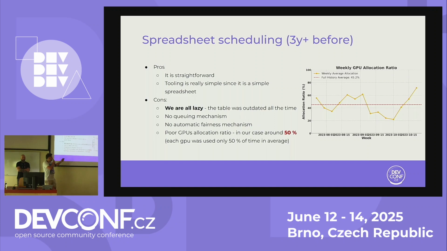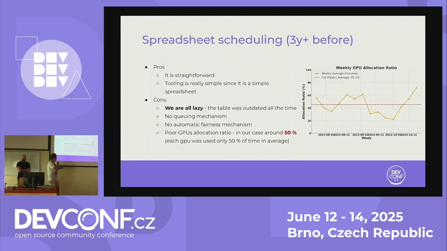And a fun fact about the graph is that we didn't have any metrics about allocation, so we needed to calculate it from temperatures. We were observing the temperature of the GPU, thresholding it, and for example, when the GPU was over 60 degrees Celsius, we were considering it allocated.